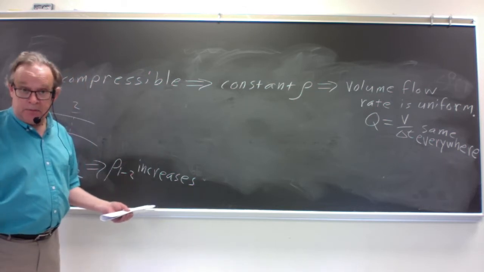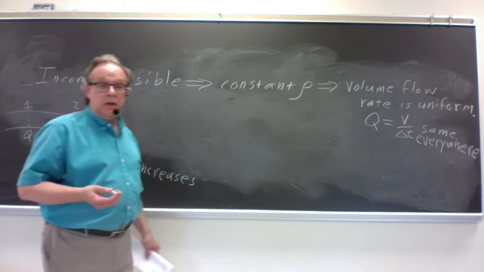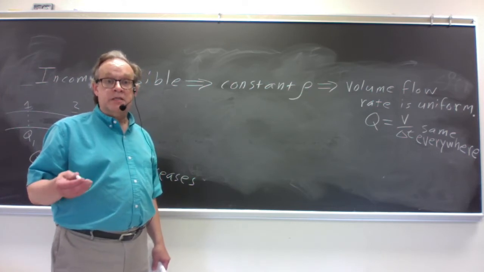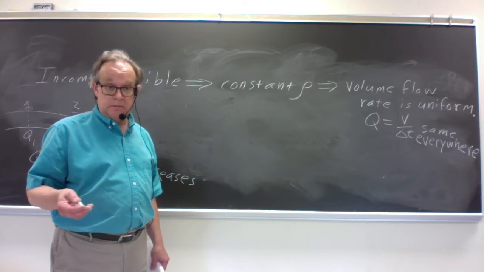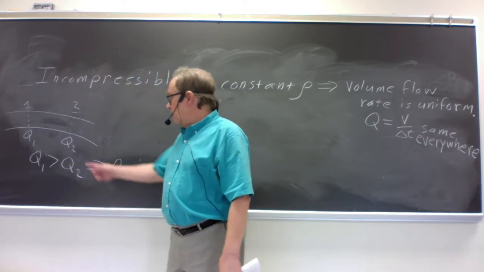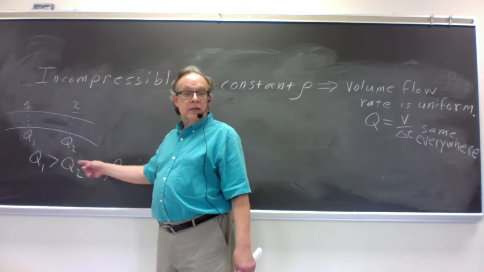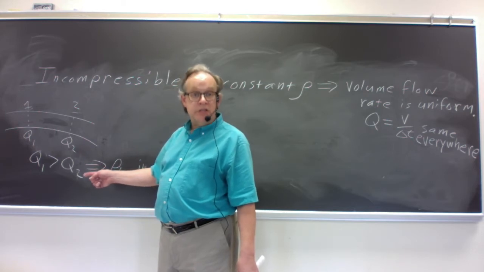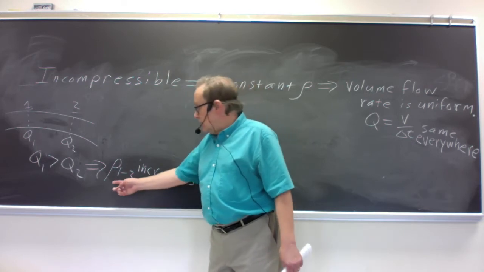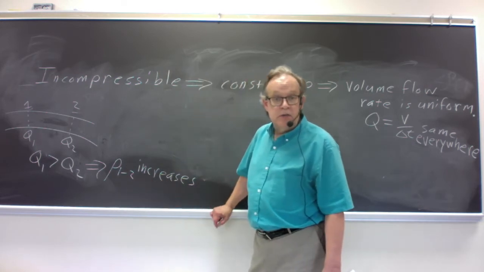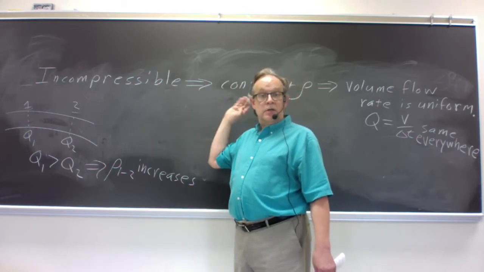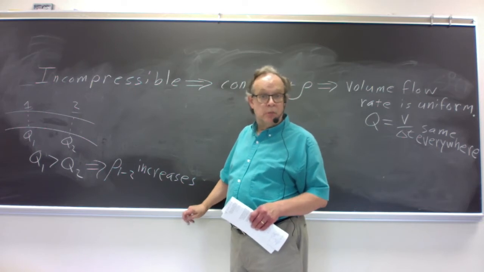But that can't happen because in an incompressible fluid, the density stays constant. So it cannot be the case that the flow rate at one location and the flow rate at another location are different. If it were different, then you'd have different densities at different points, and that doesn't happen for an incompressible fluid, and most liquids are incompressible.